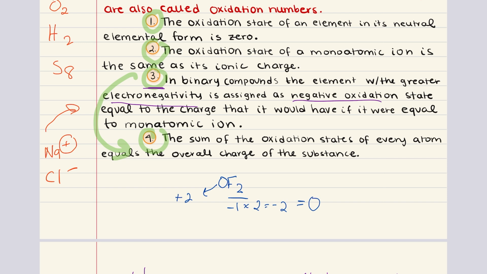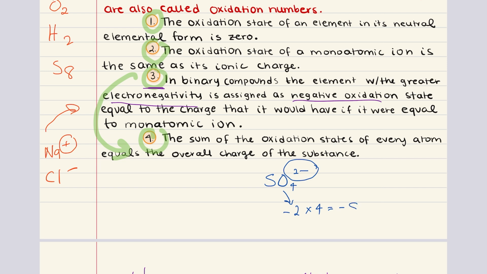Now, what about for polyatomic ions? For polyatomic ions, the sum of the oxidation numbers equals the ion's charge. So if we were to look at the sulfate ion, SO4 2-, the sum of the oxidation numbers here has to equal the ion's charge, which is 2-. Let's work through this. Oxygen has an oxidation number of -2, and there's a total of 4 oxygen atoms.